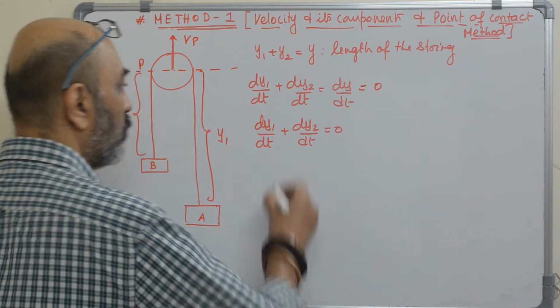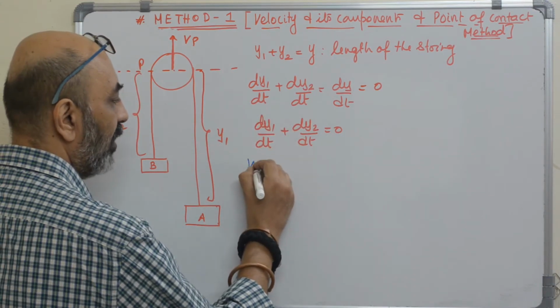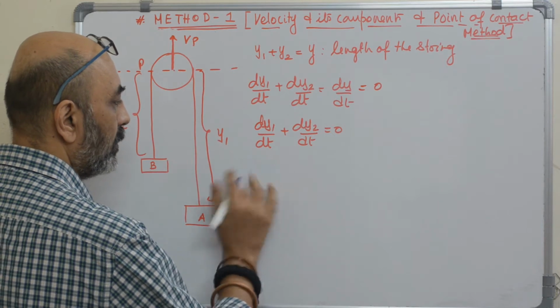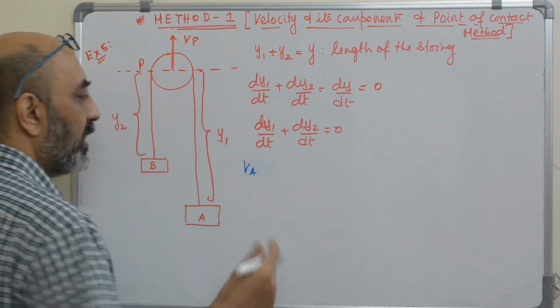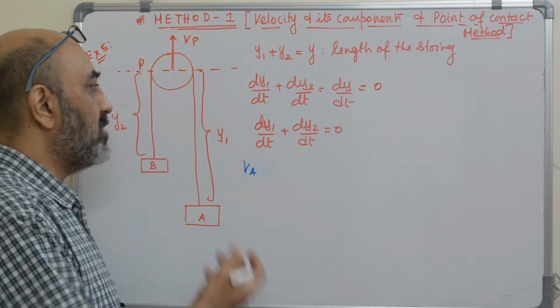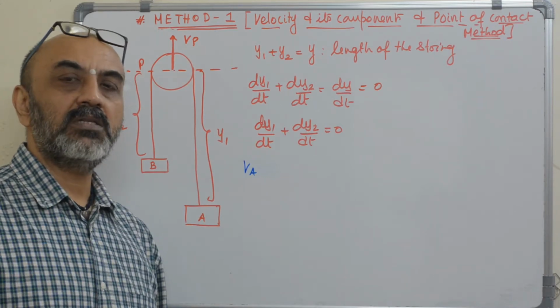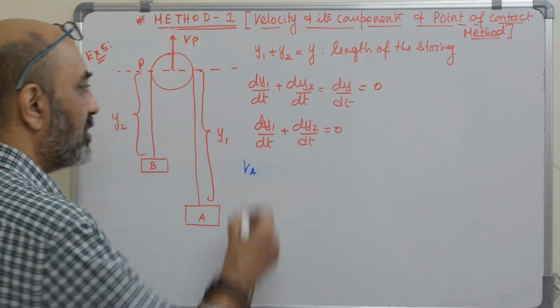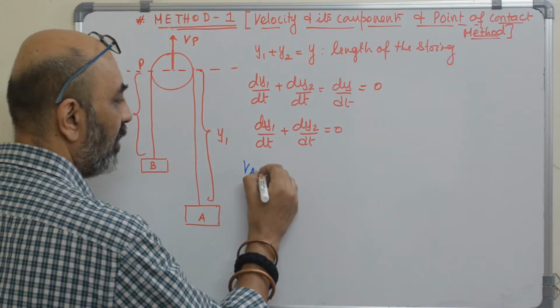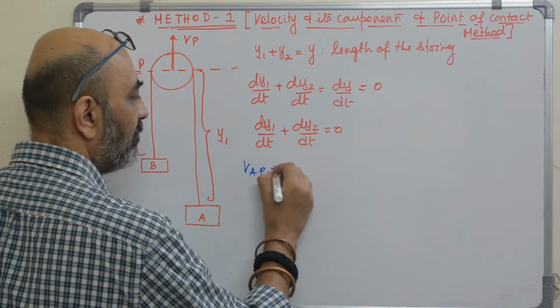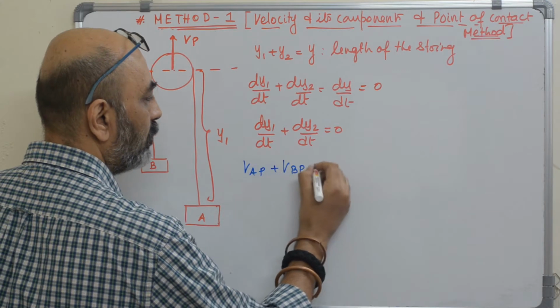So this over here is the velocity of A. Now velocity of A with respect to what? y1 is the distance of A from the center of mass of the pulley. So what is dy1 by dt? It is the velocity of A with respect to the pulley. What is that? Velocity of B with respect to the pulley.